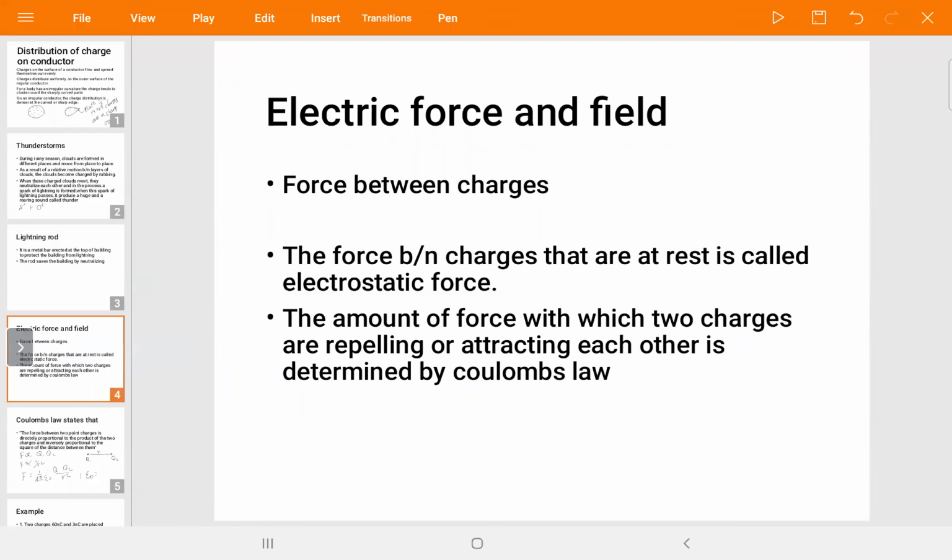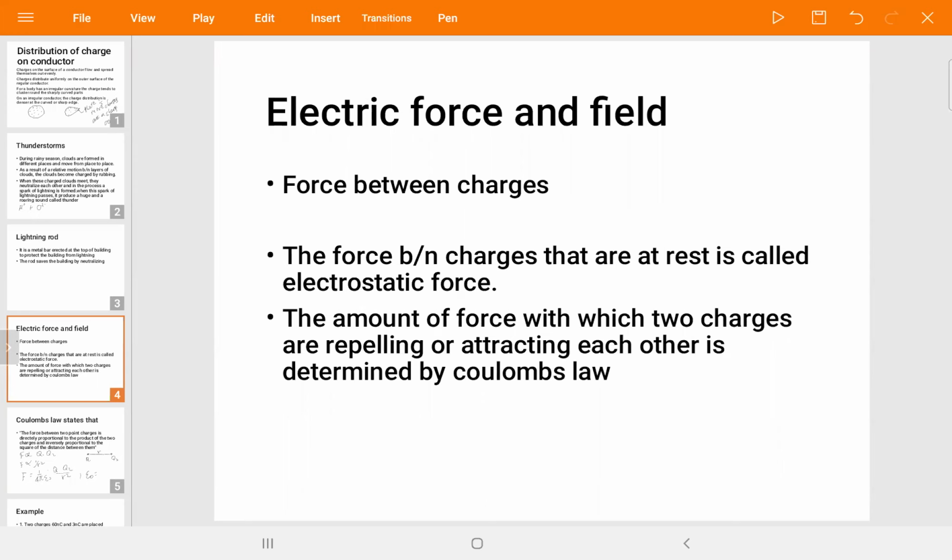Coulomb's law is one of the very well known laws in physics, and it determines the nature of the electrostatic force and helps us determine its magnitude. When it says nature, the force can be repulsive or attractive.